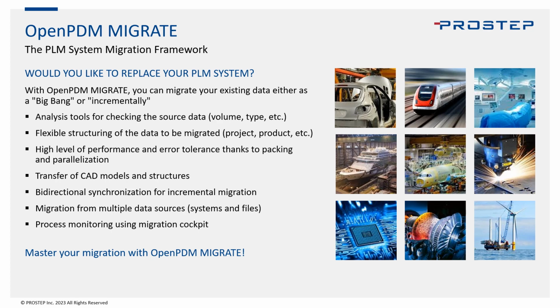That could be either with an initial load and just a little delta update, so you have very limited downtime. Or possibly a coexistence style migration where you're batching just groups of data, maybe a program's worth of data or a division's worth of data, and then moving just small groups of data with small groups of users from the old system to the new system. We can support both of those types of migrations.